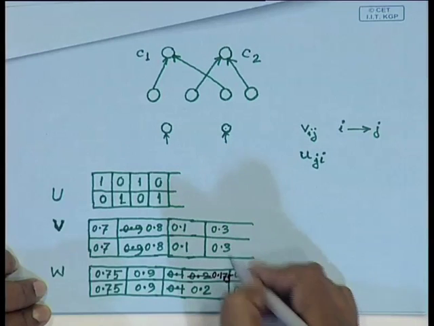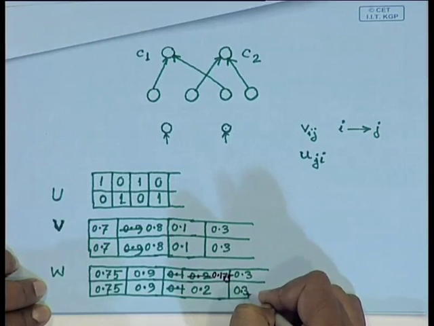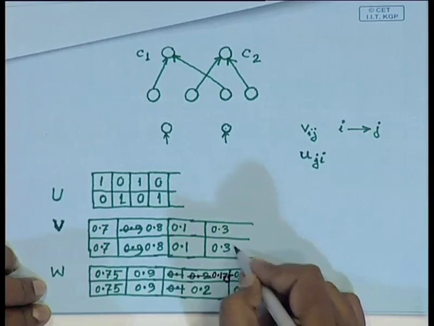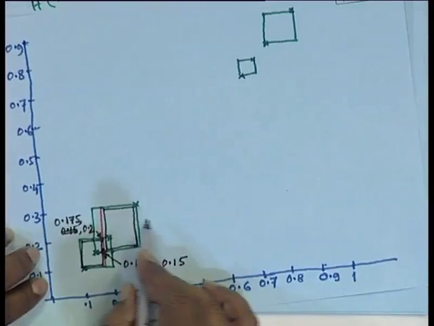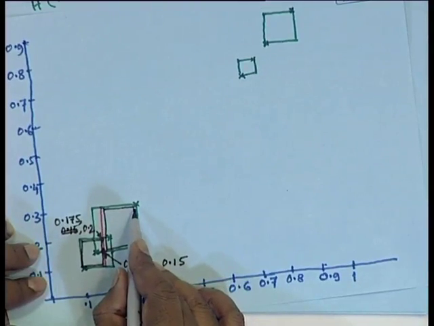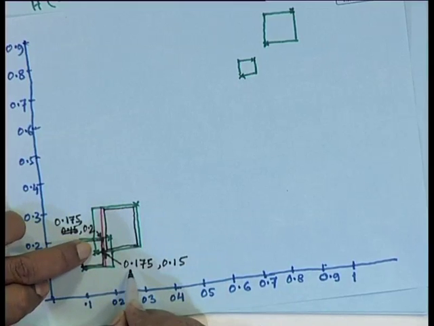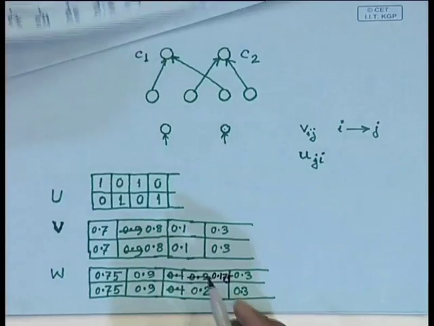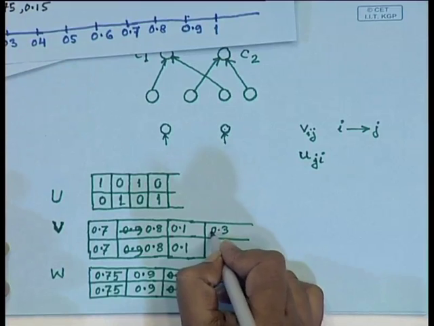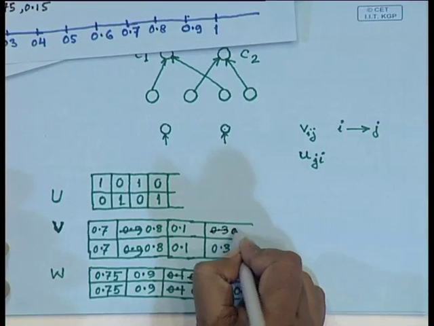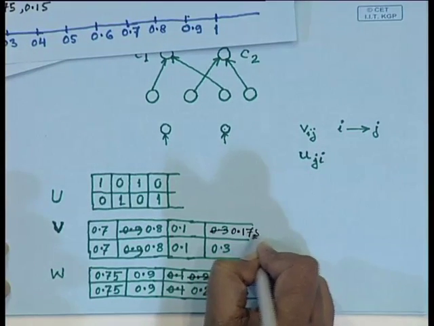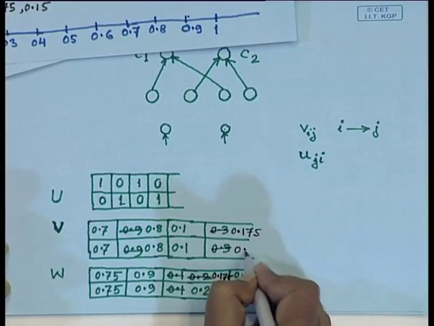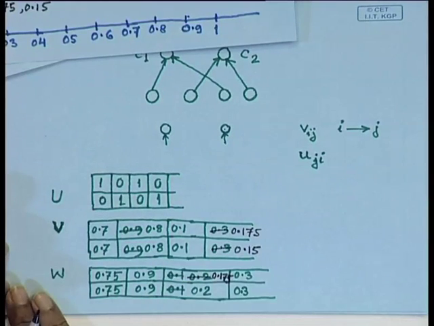For this one, 0.3, 0.3, which was a point hyperbox, the max point remains the same, but the min point becomes 0.175 and 0.15. Is that okay?